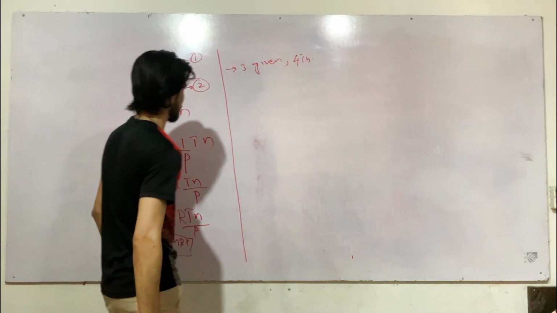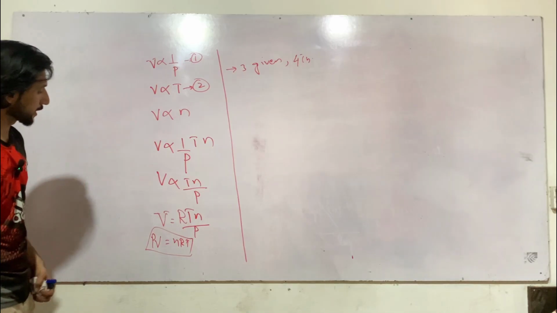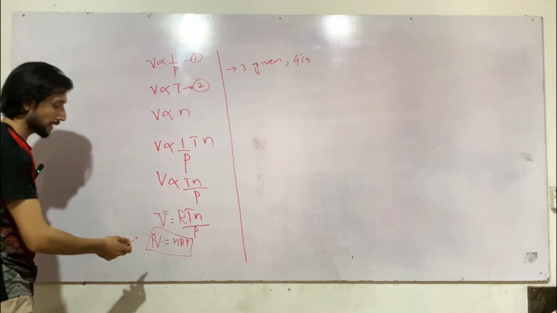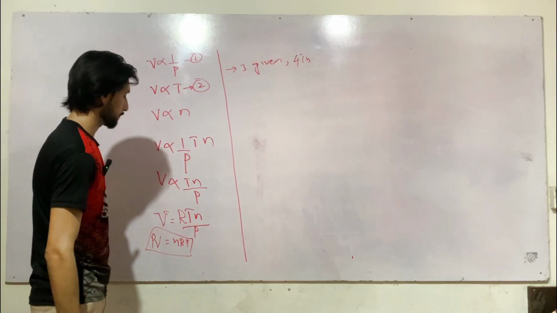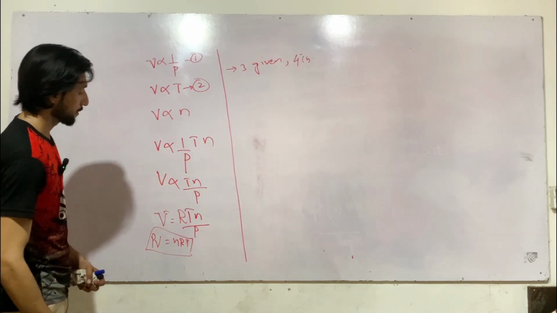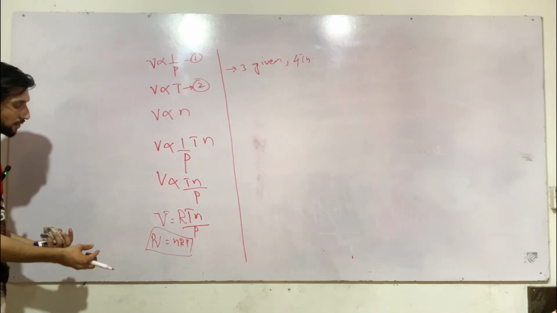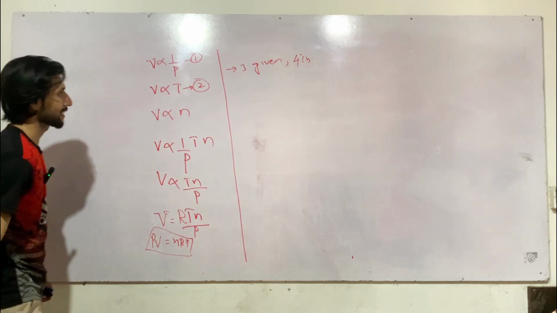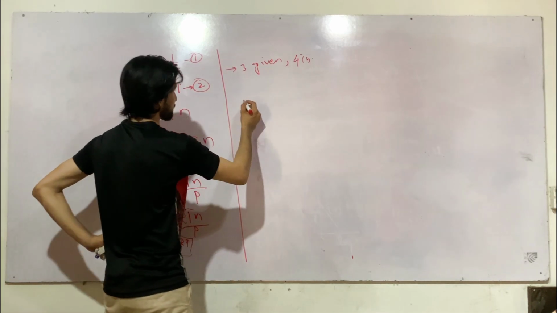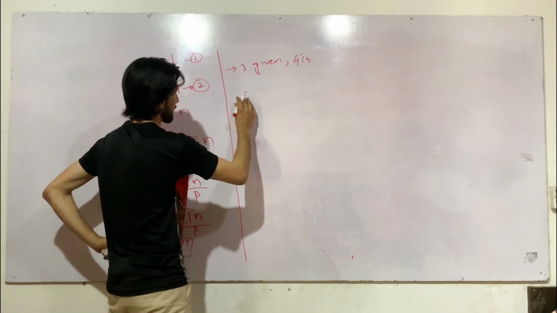Okay, this is with the help of this equation. Now, I can also find the density of a gas with the help of this equation. Okay, but we will go to that later. First of all, let's discuss R. Okay, so what is R?